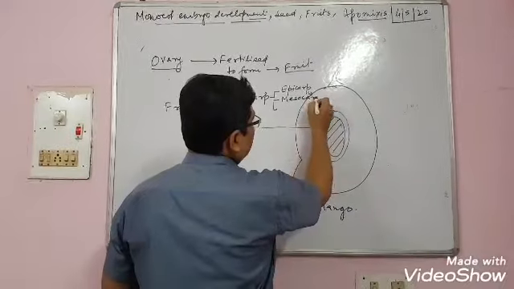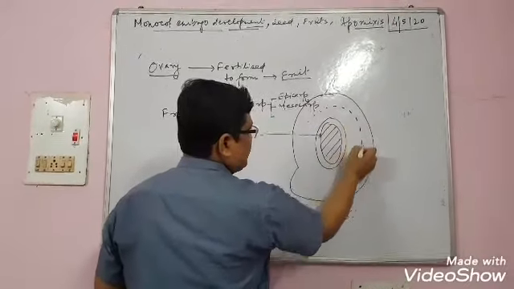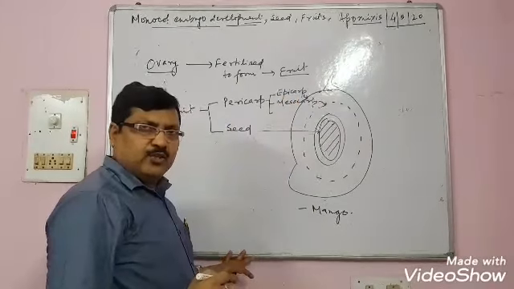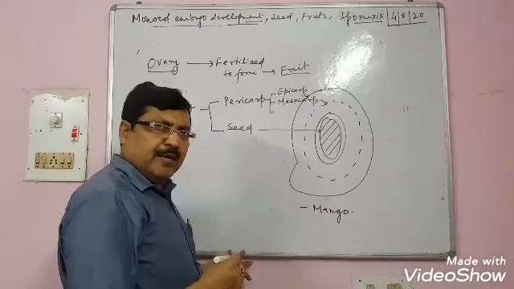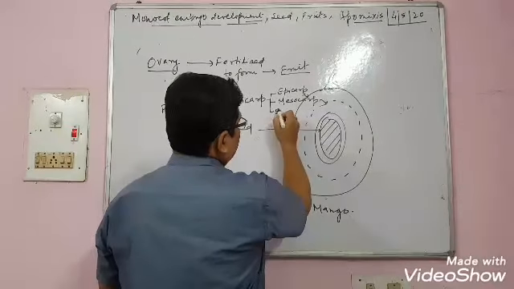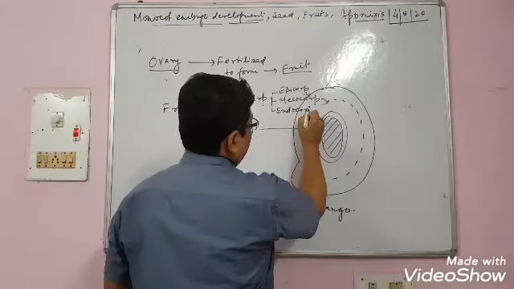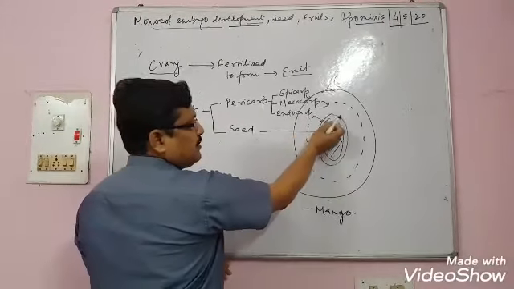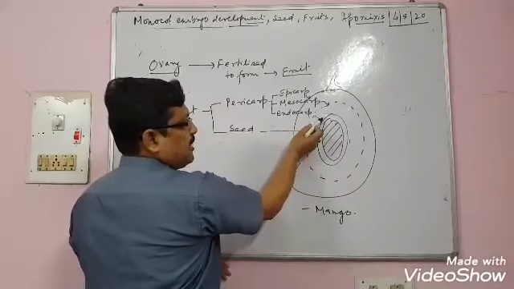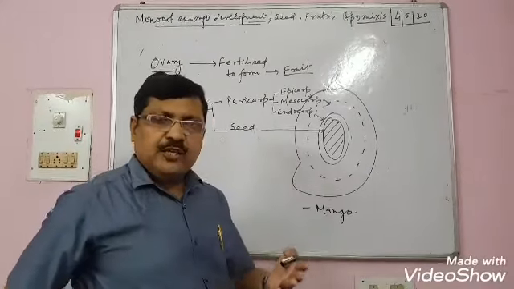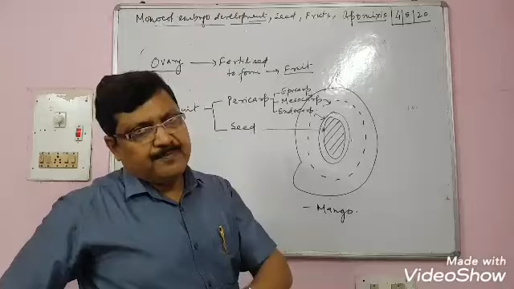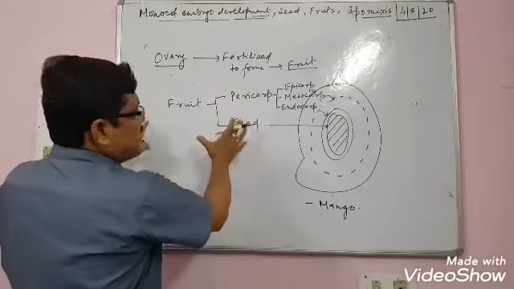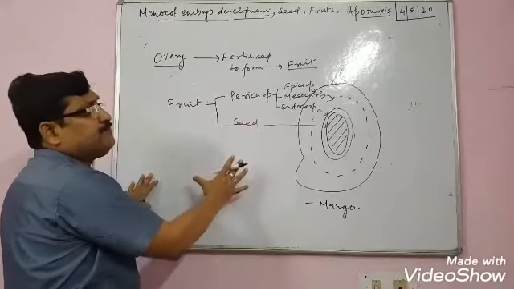Below that is the mesocarp, the fleshy part, which is pulpy and juicy and mainly the edible part. Below that is the endocarp, this covering, this line. It may be thick or thin depending upon the species of the fruit. So the fruit is basically this structure.